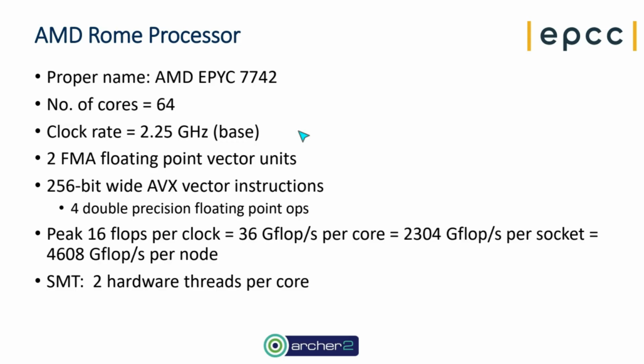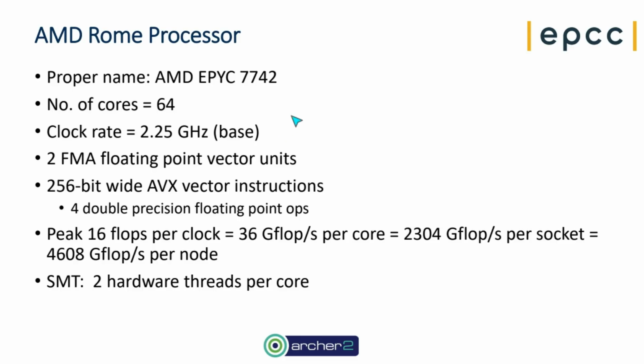For most applications, it doesn't impact the performance. But you can request to run at the full clock rate if you want. By default, it's reduced down to 2 gigahertz.